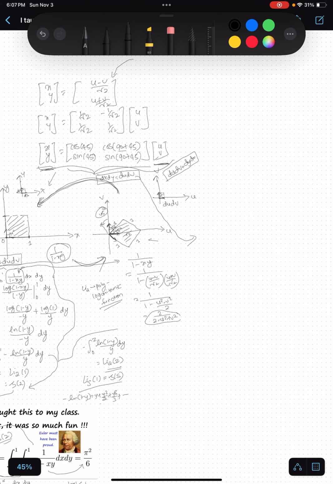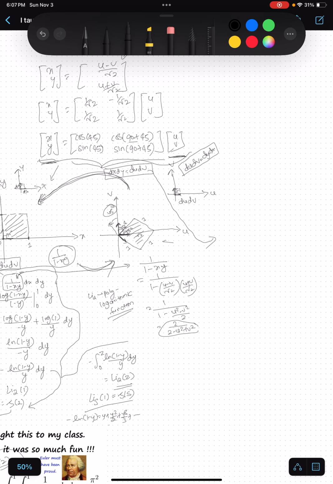So how we can do that is, dx dy we can find as the modulus of the partial derivative of xy divided by the partial derivative of uv, times du dv. This thing over here is defined by a determinant, which is partial x partial u, partial x partial v, partial y partial u, partial y partial v, times du dv.